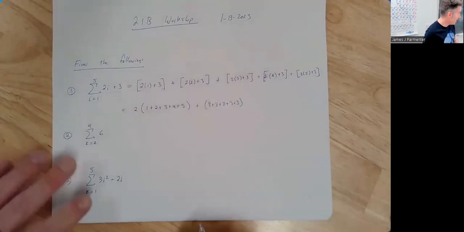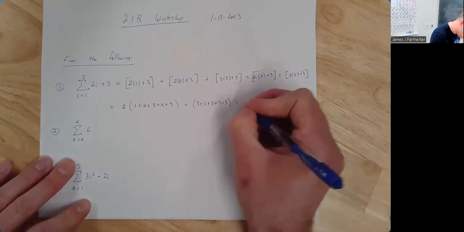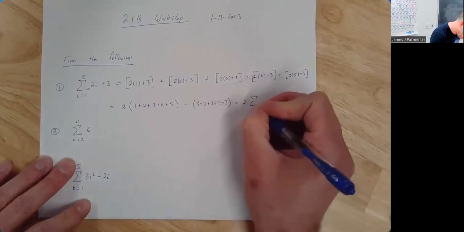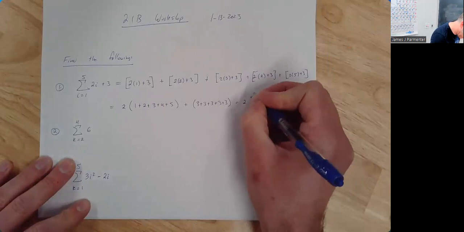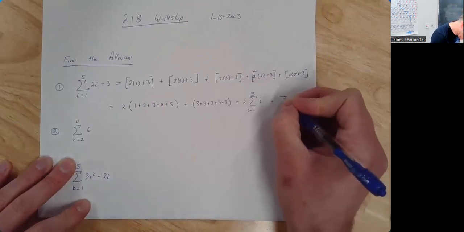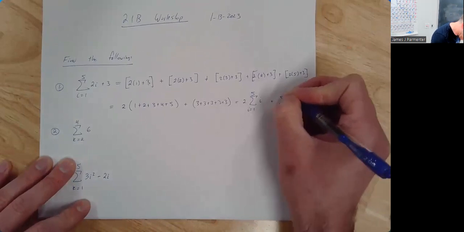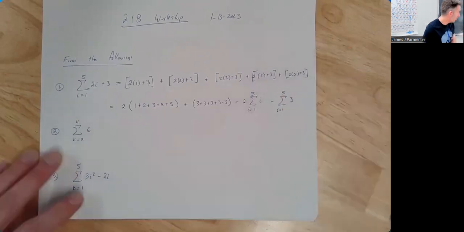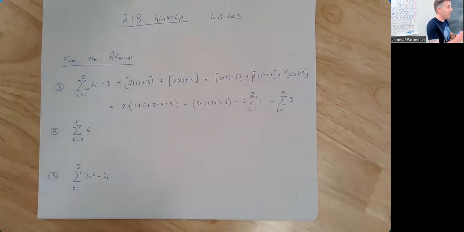Which we could write as the following summation: 2 times the sum from i equals 1 to 5 of i, plus the sum from i equals 1 to 5 of 3. Or in other words, you can break apart summations that have addition or subtraction, and you can also pull constants out in front of summations.